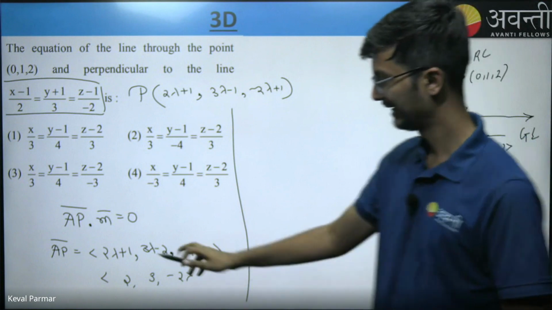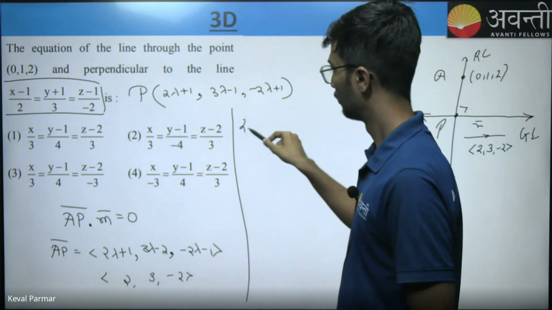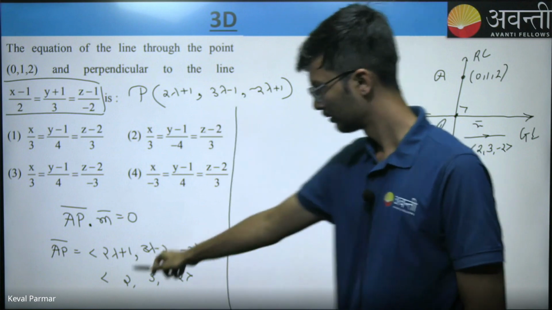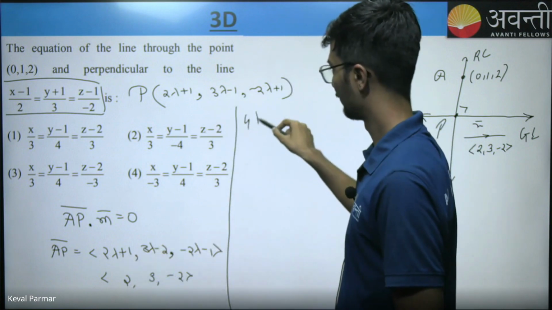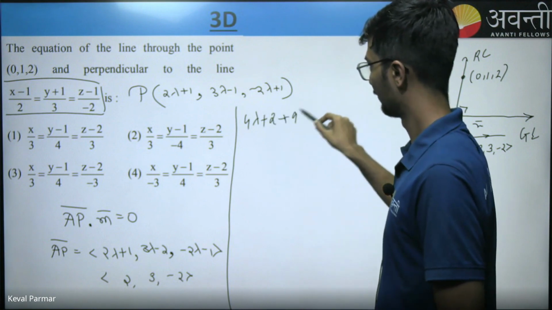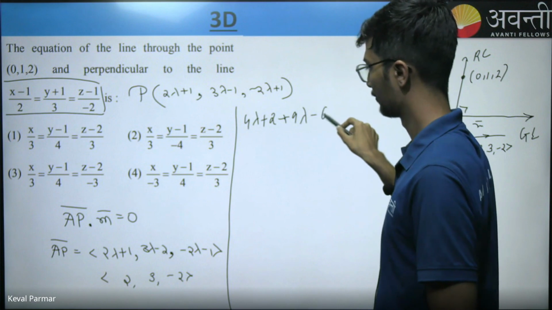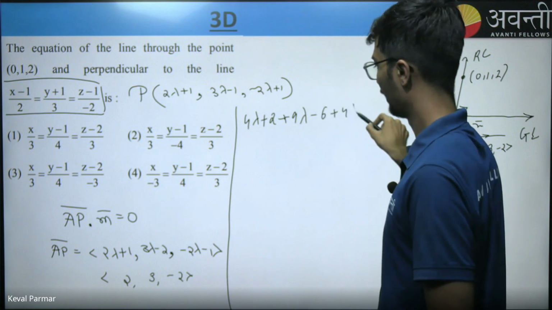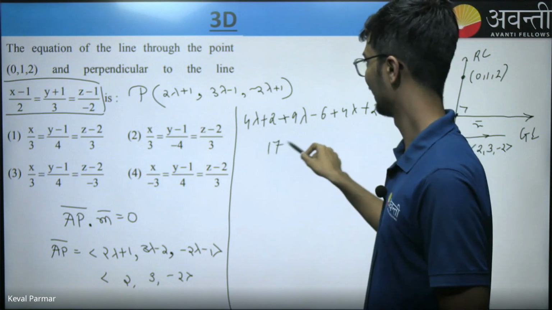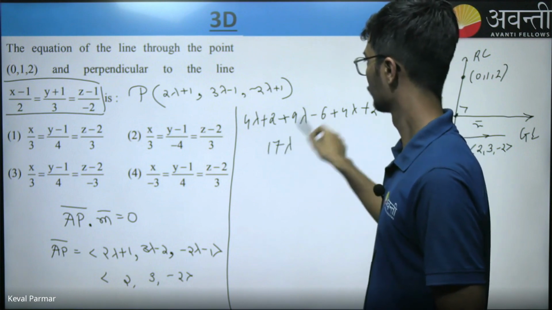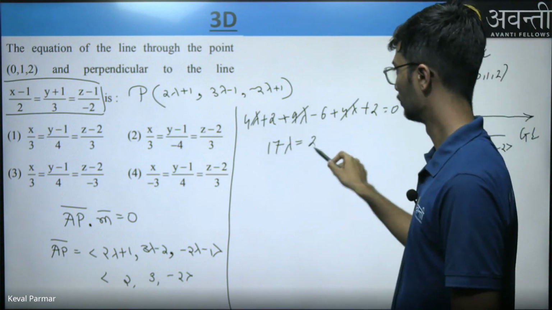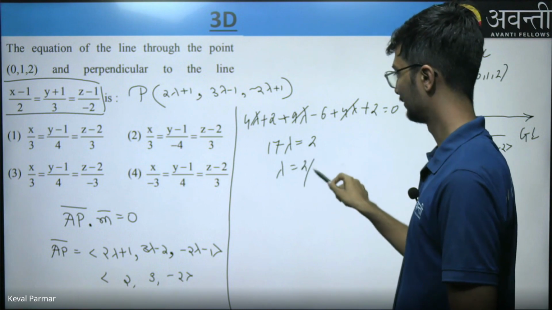I'm writing directly: 4 lambda plus 2 plus 9 lambda minus 6 plus 4 lambda plus 2 equals 0. So 17 lambda minus 2 equals 0, so lambda is 2 by 17.